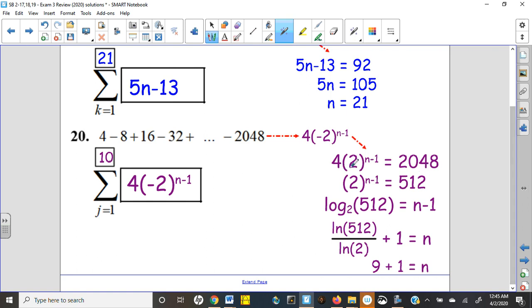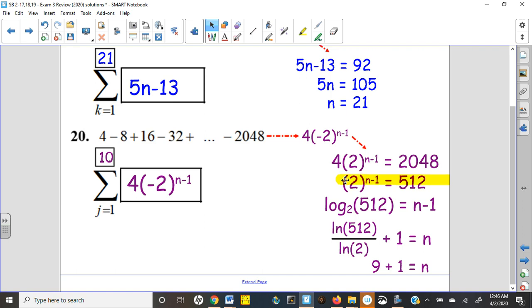So anyway, let me explain these steps to make sure you're good on them. Step 1 here, what I did was I set the pattern equal to the last term, as we discussed. Step 2, I divided by 4. I'm going to have to turn it into a logarithm. I need to get rid of that 4, so I just divided both sides by 4. Now it needs to be converted into a logarithm.